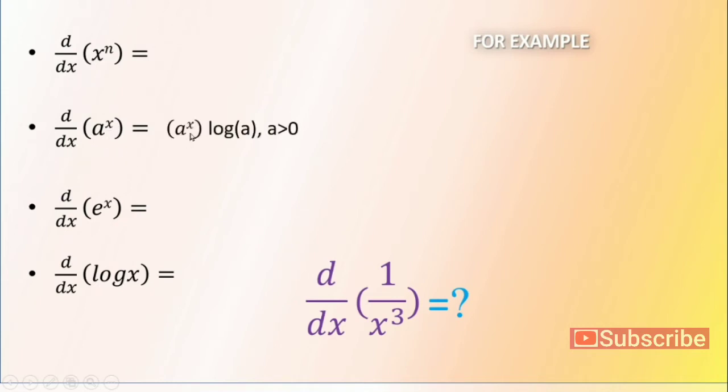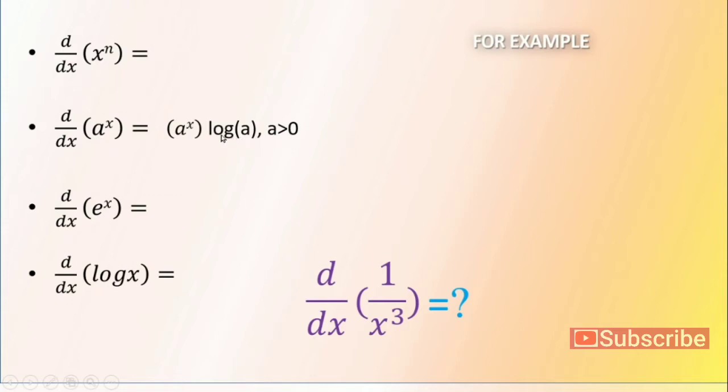This is equal to a to the power x log a. A is greater than 0. Why? Because the logarithmic function is defined only for positive real numbers. That is why a must be positive. Even a cannot be 0, because this function is entangled with the logarithmic function. That's why.